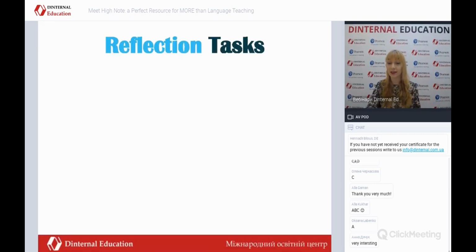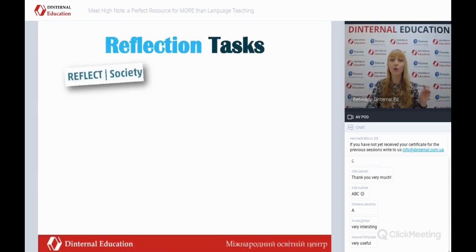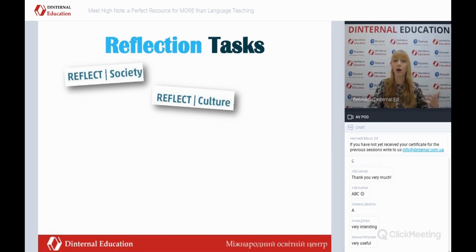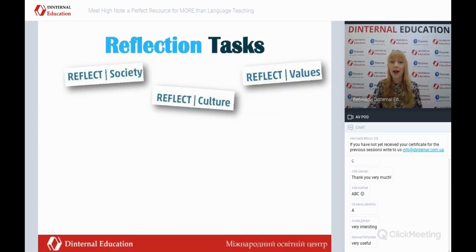So reflection tasks are divided again into 3 different types. We've got reflect society questions that cover more social issues. Then we've got reflect culture, in which the questions are connected with cultural problems or cultural differences. And reflect values.